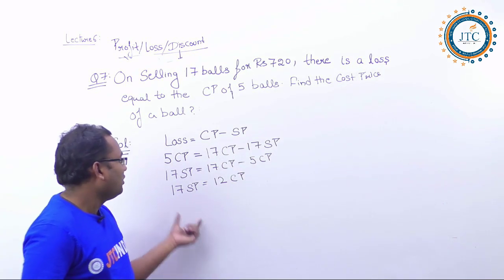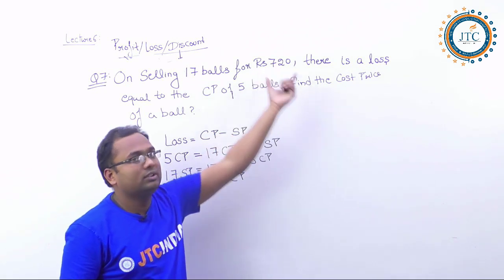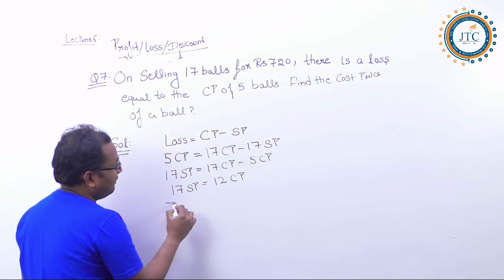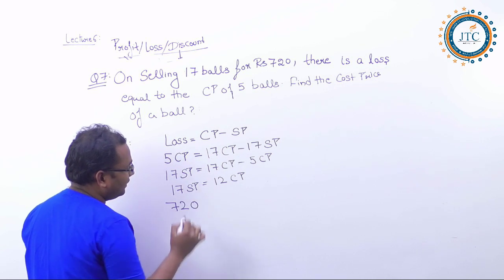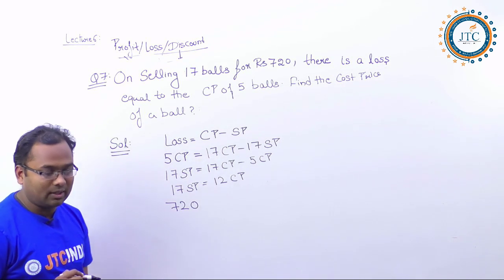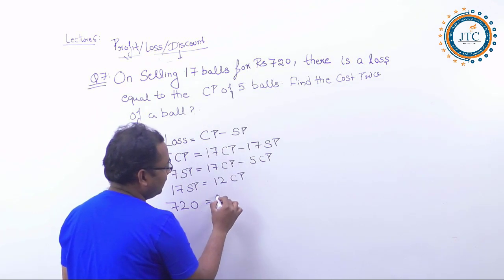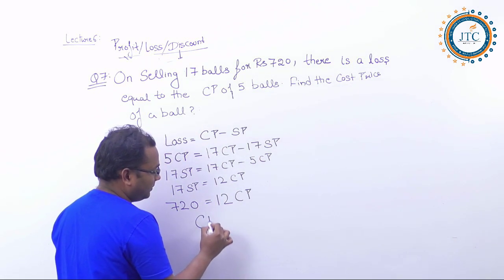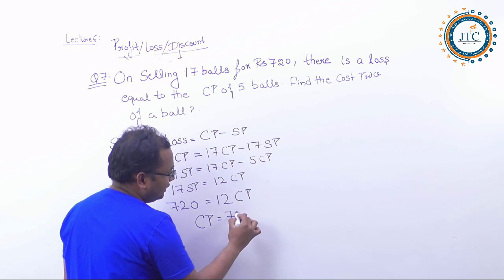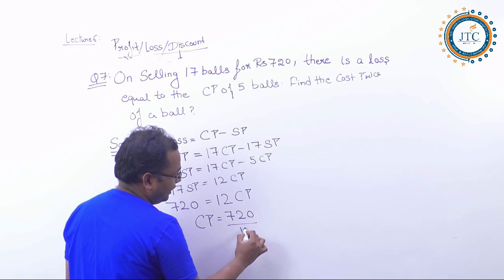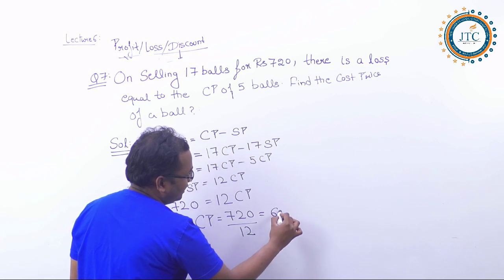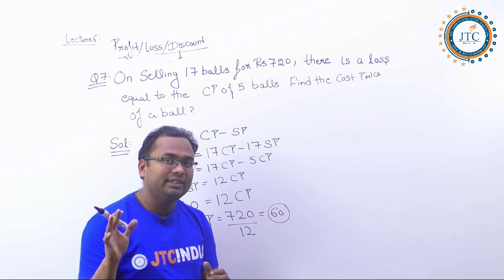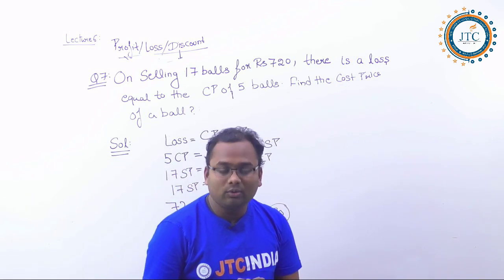But here we know the selling price of 17 balls comes out to be 720, which is equal to the cost price of 12 balls. So the cost price of one ball is equal to 720 upon 12, which comes out to be 60. So 60 is our answer. So cost price of one ball is 60 rupees. Any doubt?